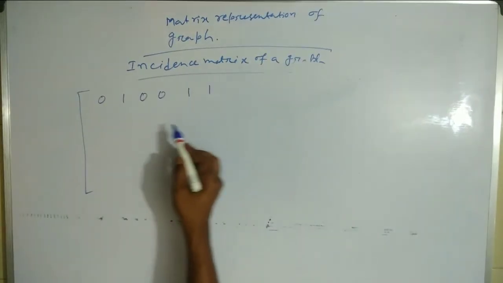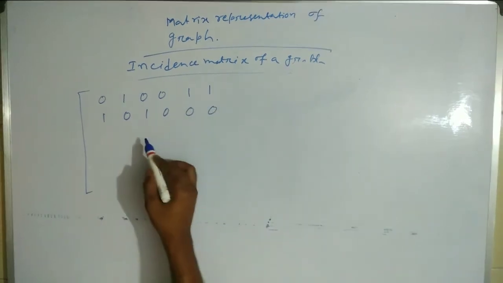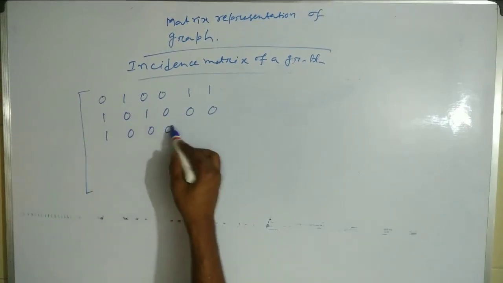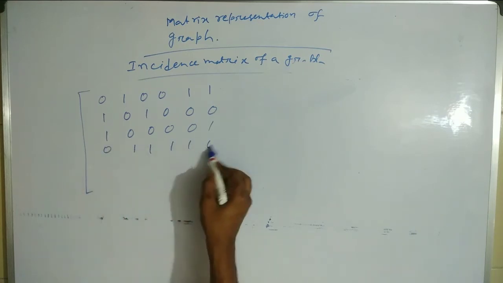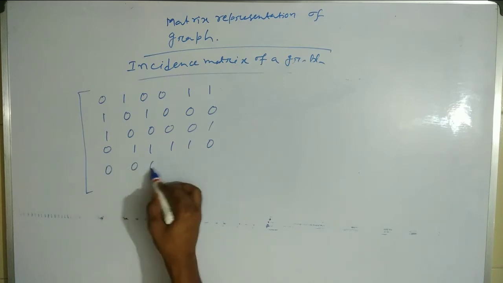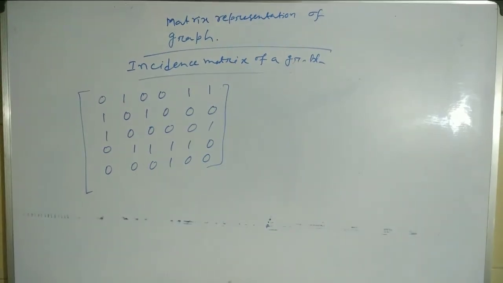Suppose this is the incidence matrix: 0, 1, 0, 0, 1, 1, 1, 0, 1, 0, 0, 0, 1, 0, 0, 0, 0, 1, 0, 1, 1, 1, 1, 0, 0, 0, 0, 1, 0, 0. Now the question is, if this is an incidence matrix of some graph, then draw the graph for which this matrix has been given.